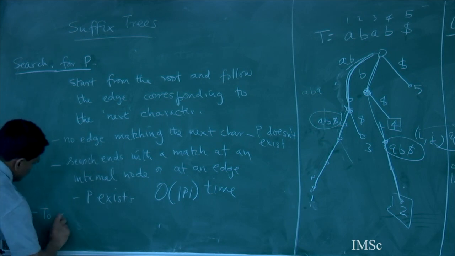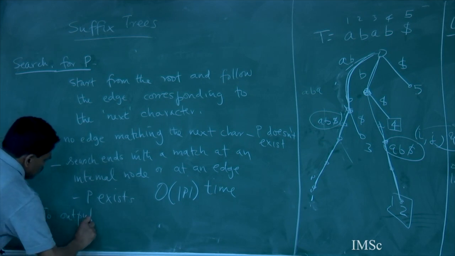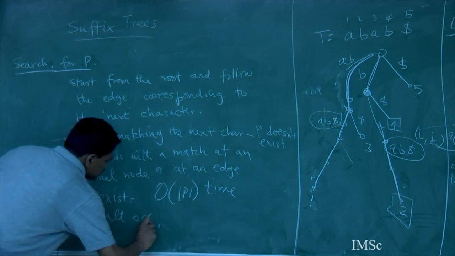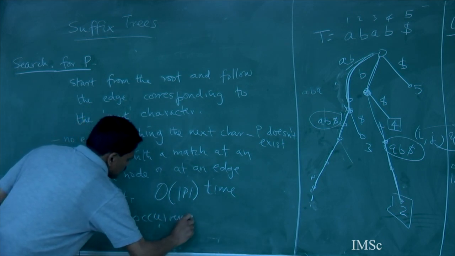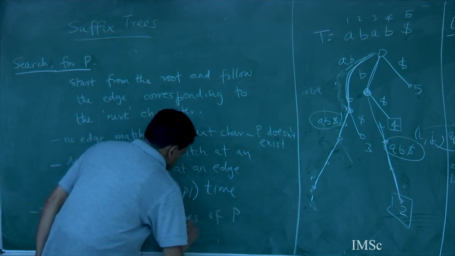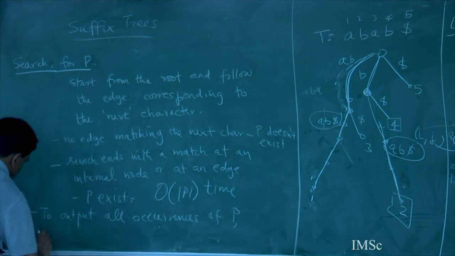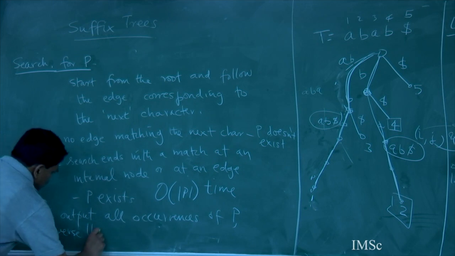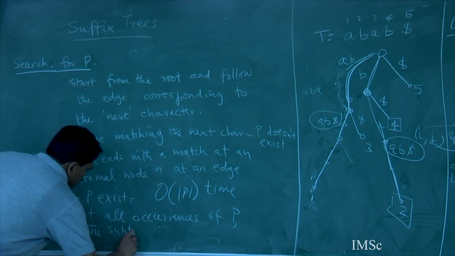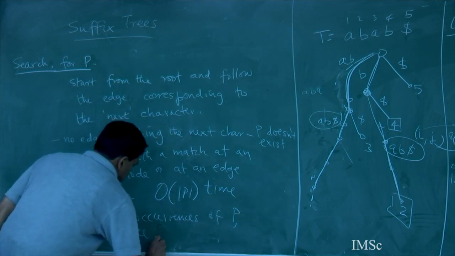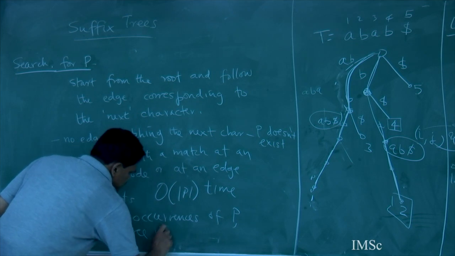So, to output all occurrences, traverse the subtree where the search ends.